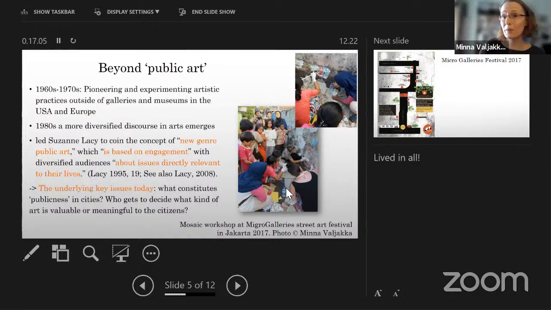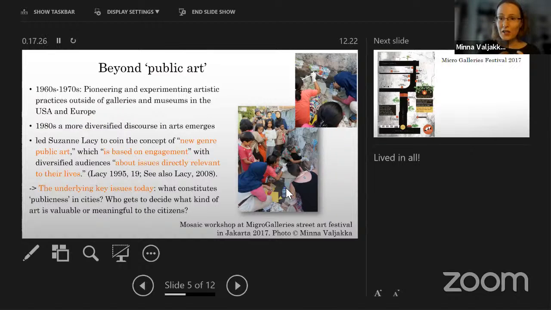So this kind of experimental works happened in the 60s and 70s, and in the 1980s, even more so, when artists started to become more and more confident to do these interventions without a permission. They wanted to change the whole idea of art at that time.